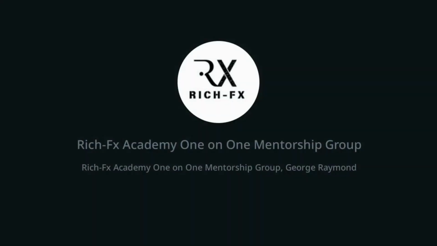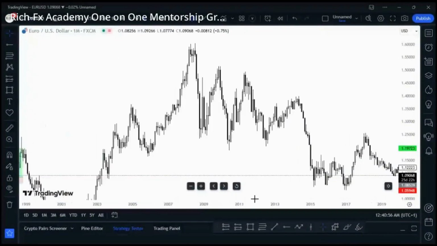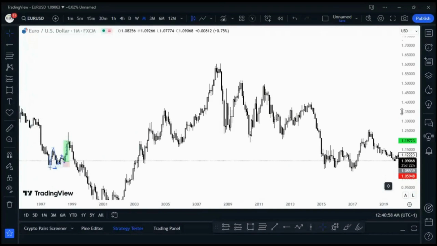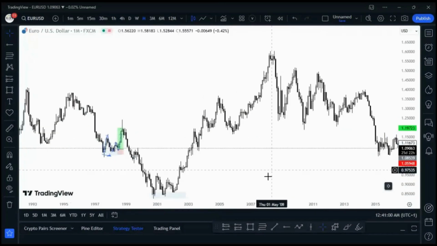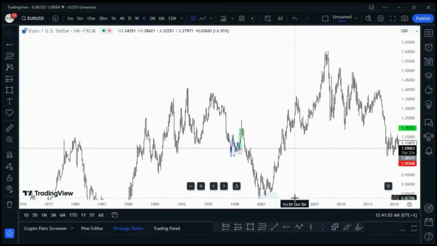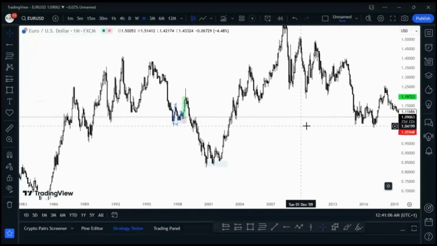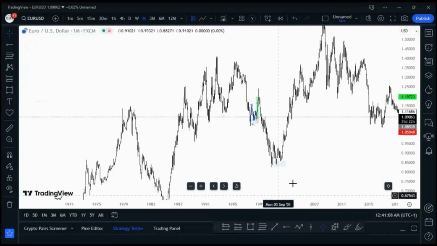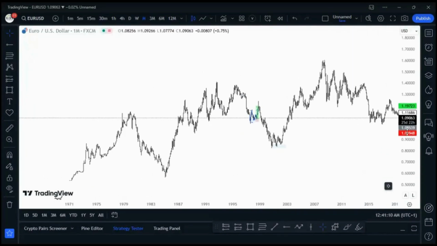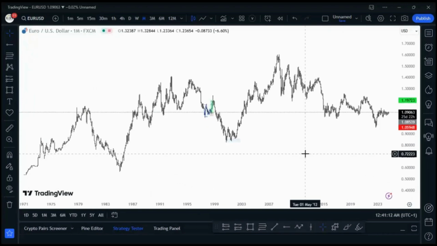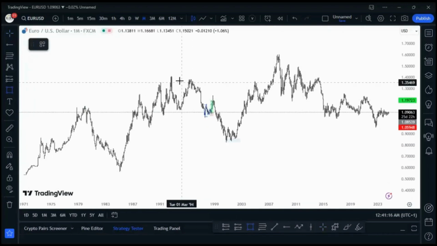Remember we said resistance is also a zone where the market tends to bounce off once it gets to that zone. Now, how do we identify a resistance level? Resistance level is the last point. Let's say from here, we can see a resistance level here.